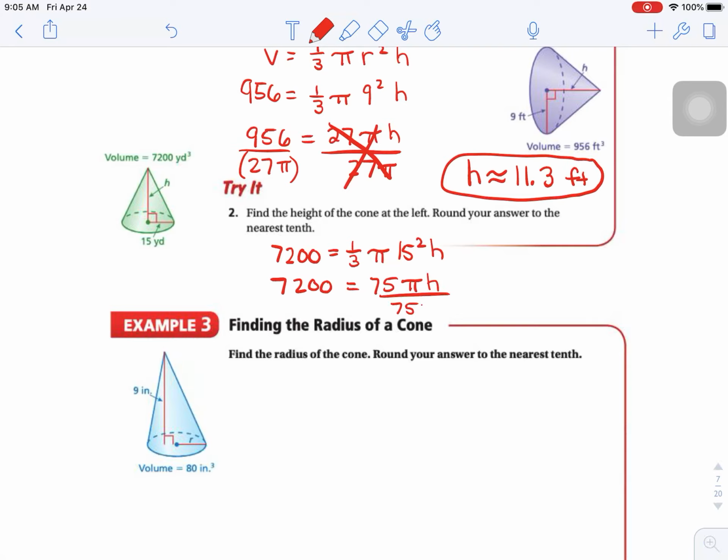So divide by 75 pi. If we do that, we get h is about 30.6 yards cubed.